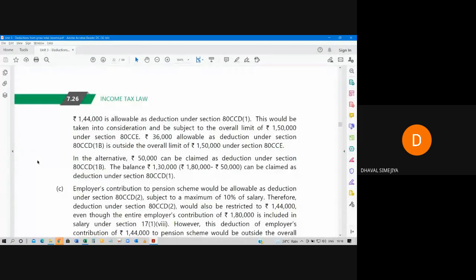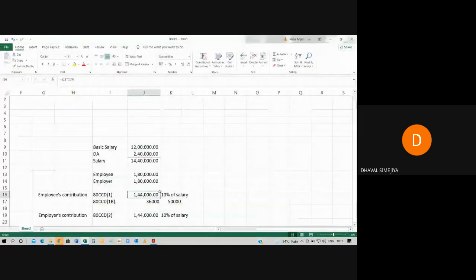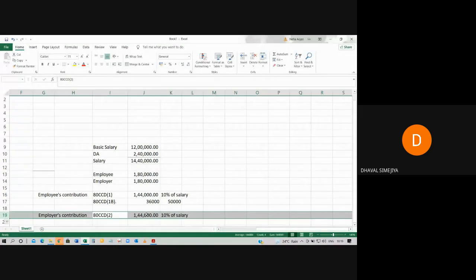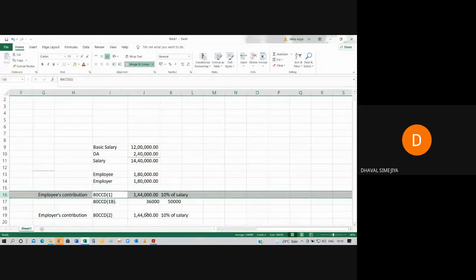Similarly, employer's contribution is 10% of salary, and that is 1,44,000 rupees, and this is over and above the deduction available under the 1,50,000 limit. That is what we consider over here. This is over and above the 1,50,000 limit. Right?